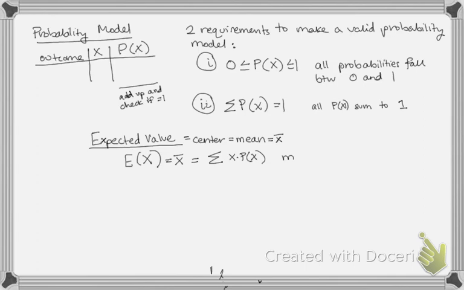But I multiply each pair of X and P of X. So I literally multiply the value I put in the X column times the value I put for its P of X. And I add all the values together.